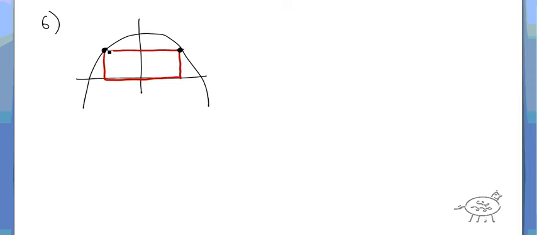So the two upper vertices are on this parabola, and this parabola is y equals 12 minus x squared. What is the largest area? So we're maximizing area. What is the maximum area the rectangle can have, and what are its dimensions?